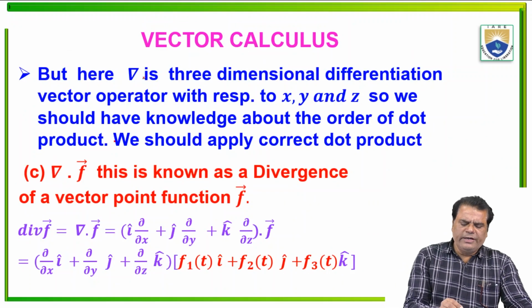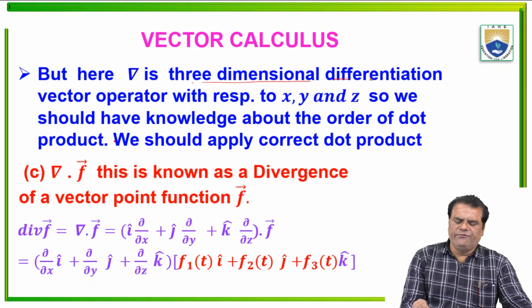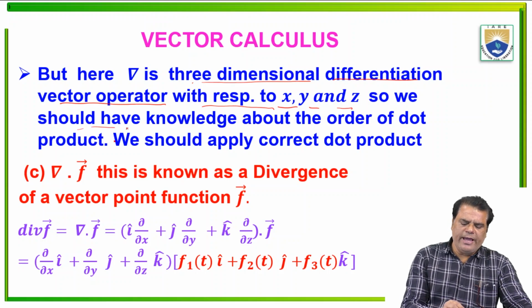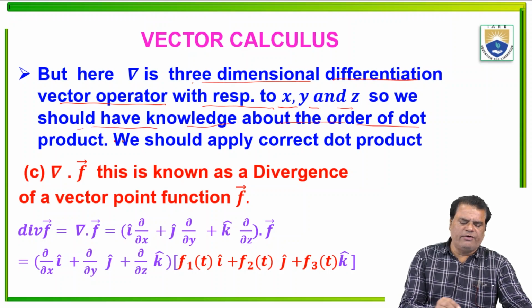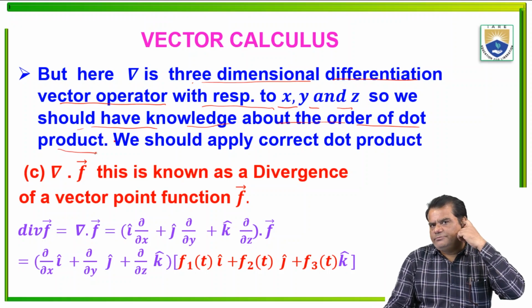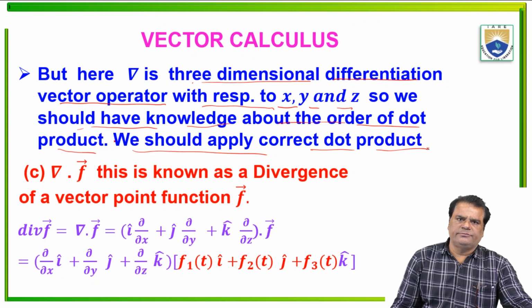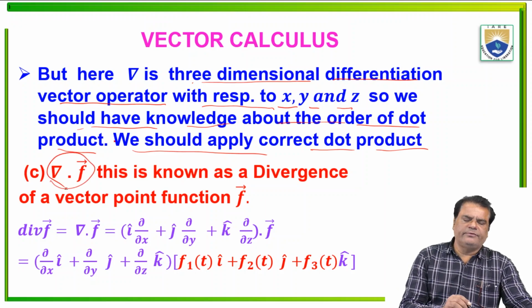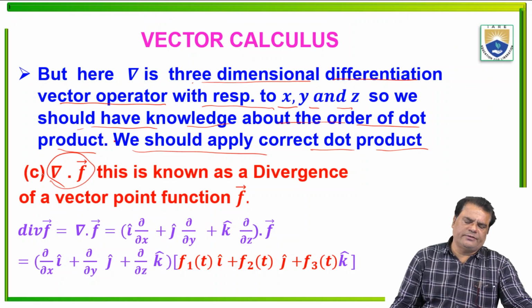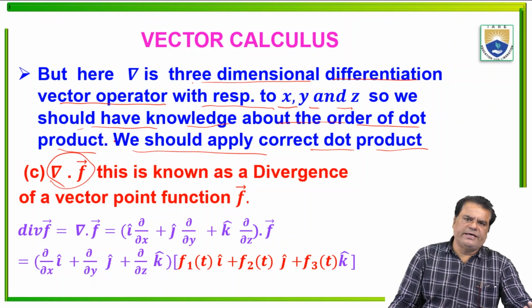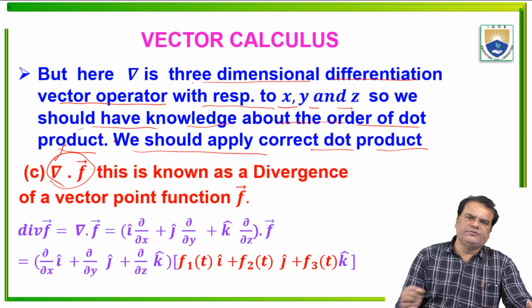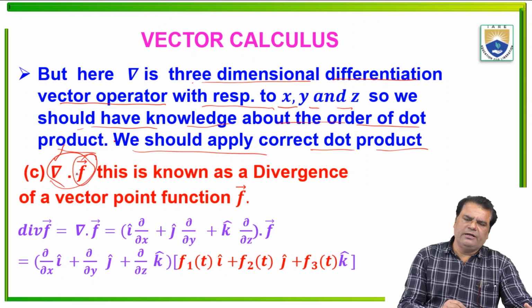Here del is a three-dimensional differentiation vector operator with respect to x, y and z. So we should have knowledge about the order of the dot product. What is the order? We should apply the correct dot product here. So here del dot f. Del is a differential operator with respect to x, y, z. So we write here del first and vector point function f vector second.